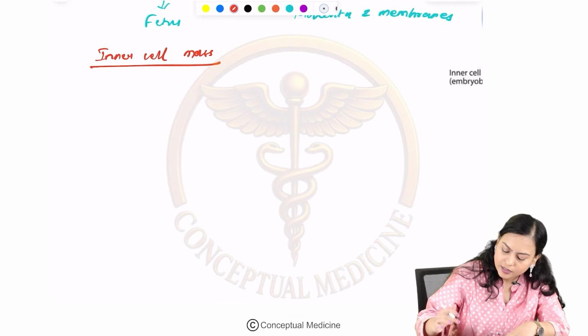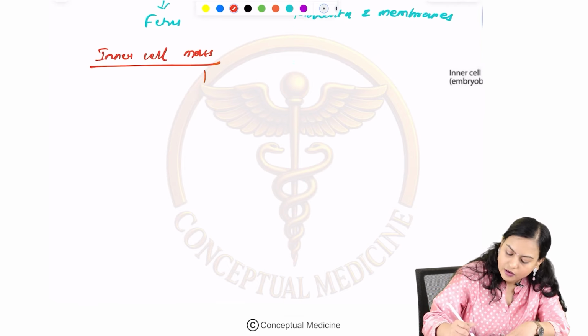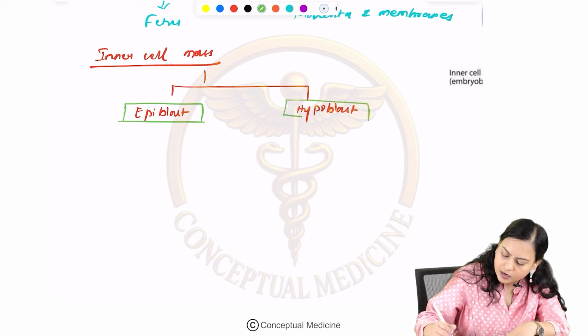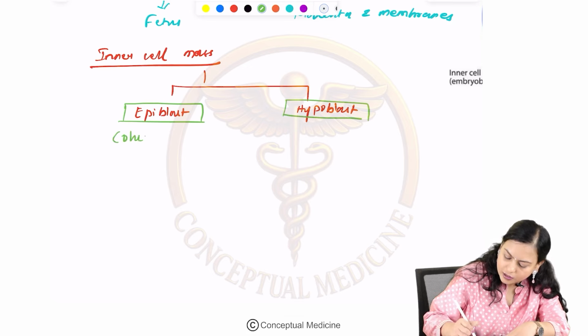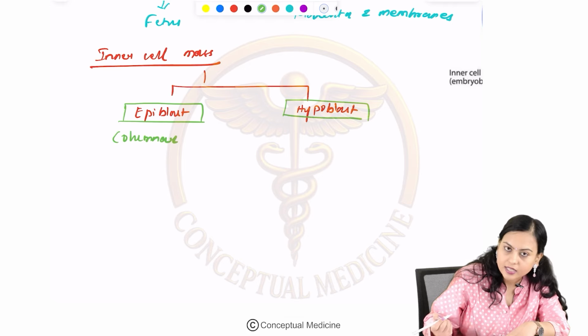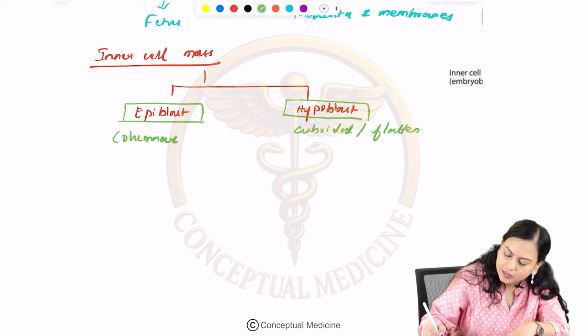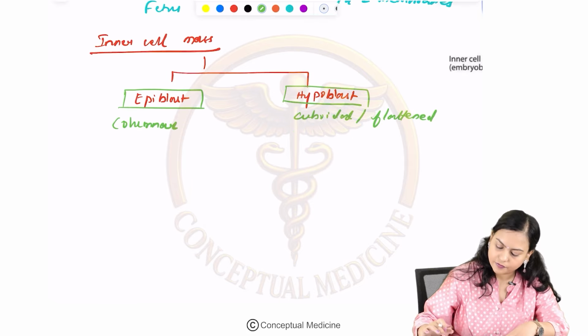In the inner cell mass, we will have 2 more types of cells forming the epiblast and the hypoblast. Epiblast is basically the columnar type of cells seen in the inner cell mass, and hypoblast are the cuboidal or the flattened cells seen in the inner cell mass.